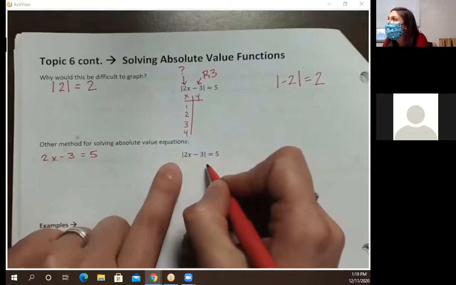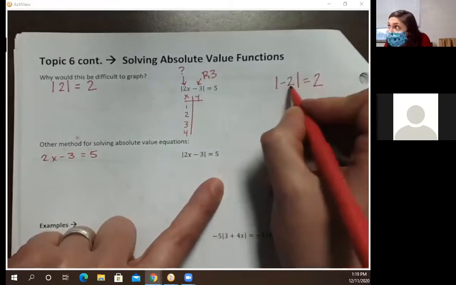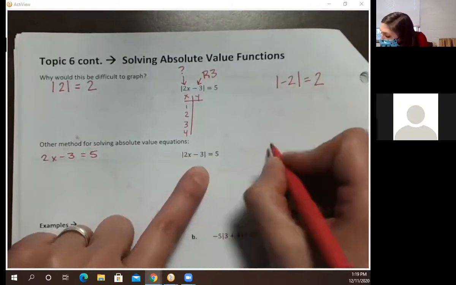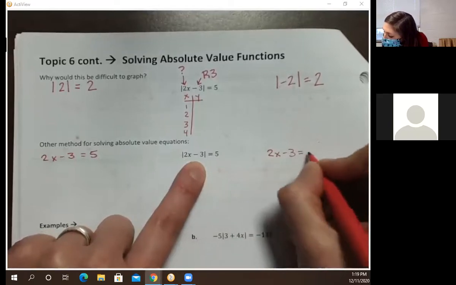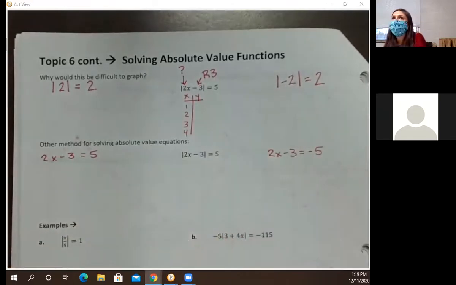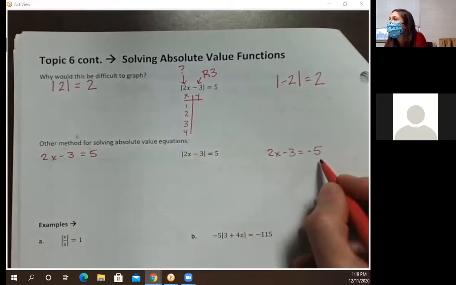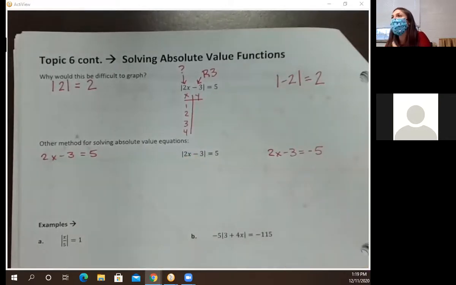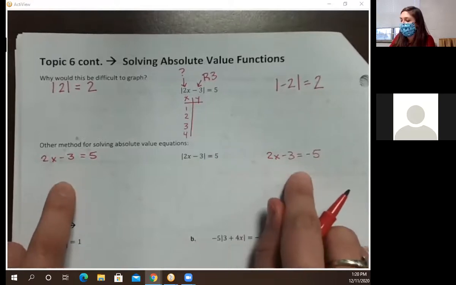And then when I took the absolute value, that's how I got +5, right? Because the absolute value of -2 is still 2. So I have to set up a second little equation here, giving me that possibility. Maybe inside those absolute value bars, I actually got -5, and the absolute value is what made it positive. Okay. So this is kind of the extra step I have when I solve absolute value equations. I have to look at both options.